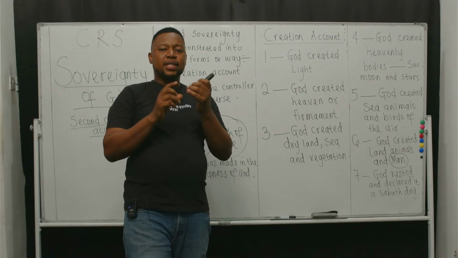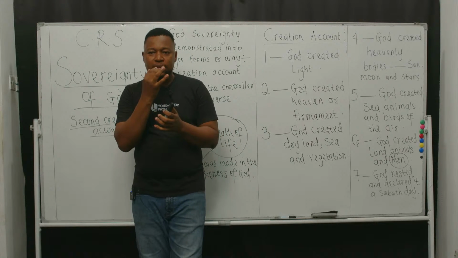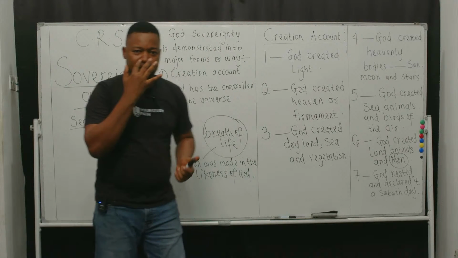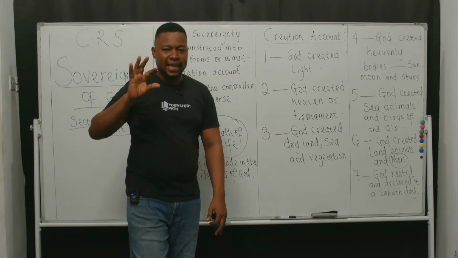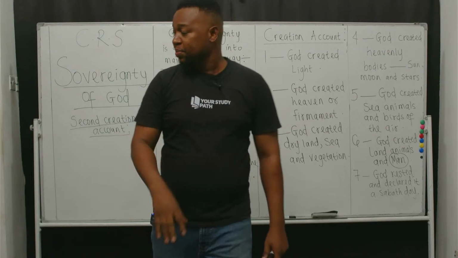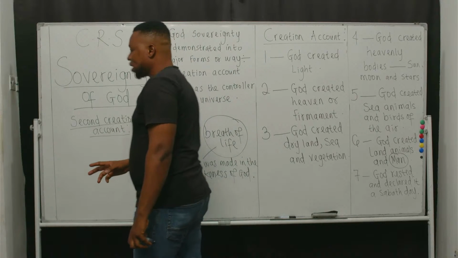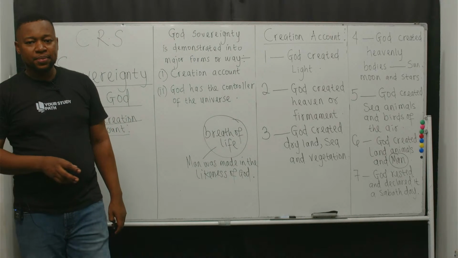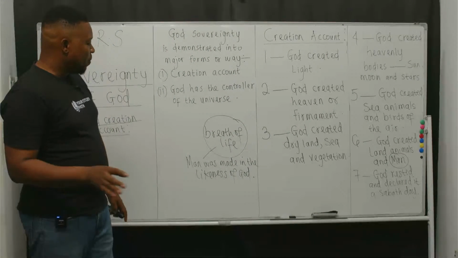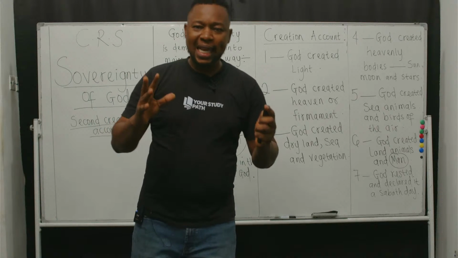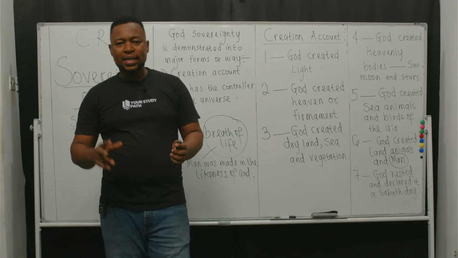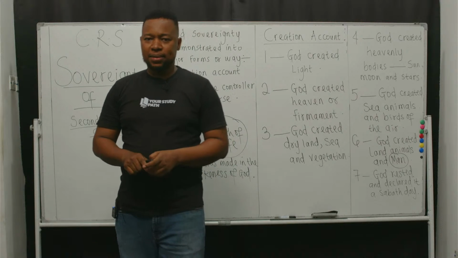He put it in his nostril, that breath of life, which makes man the likeness of God. We say the image of God. Now, back to our second creation story. I just explained how man was made and how man is made in the likeness of God. Now, God has created man.